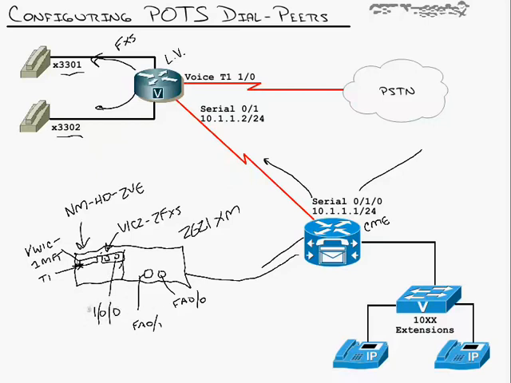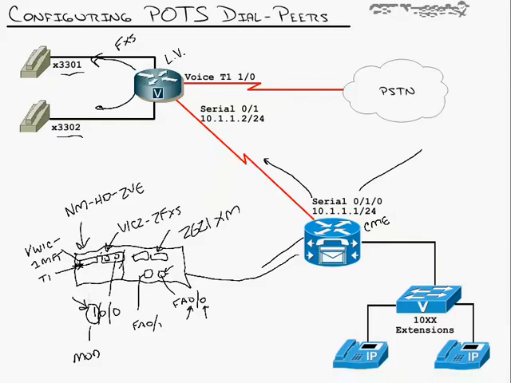The first number represents the module number. On a 2600 series router, everything to the right, meaning these fast Ethernet interfaces, there's two WIC cards over here, this whole clump of them is considered module 0. That's why we call it fast Ethernet 0/0. This is module 0, port 0 for my fast Ethernet port. So everything over here in this module is considered module 1, and that's where that 1 comes from.